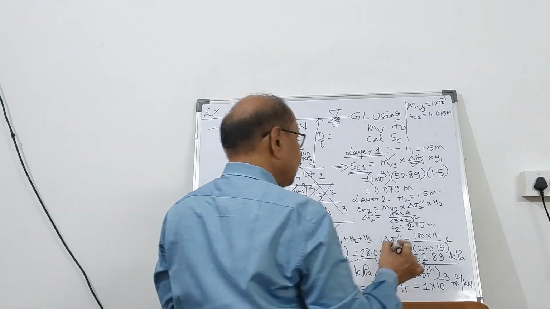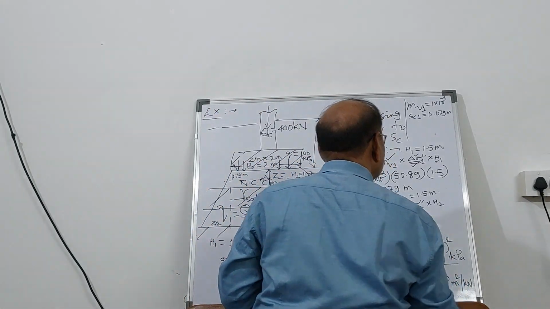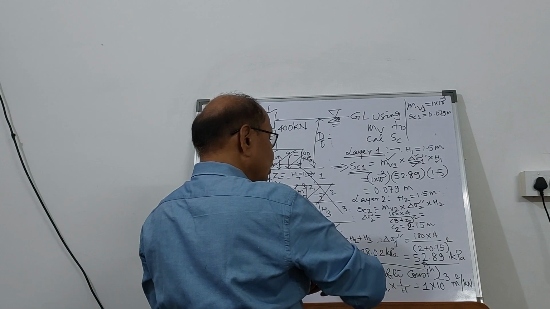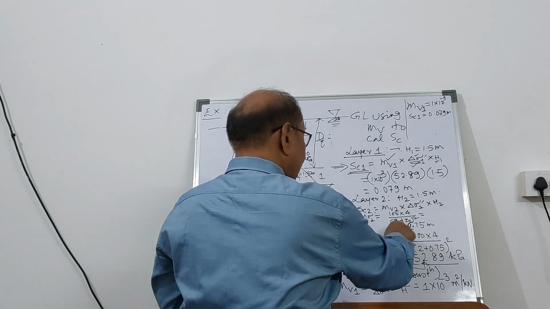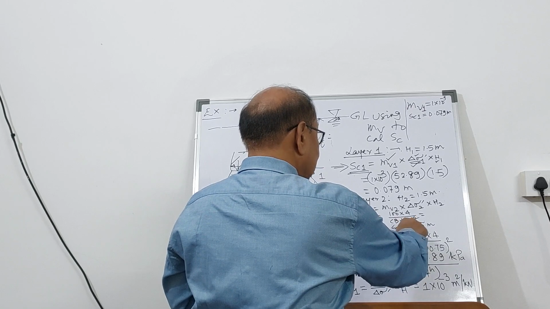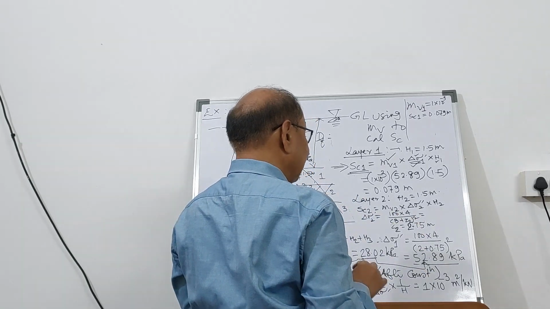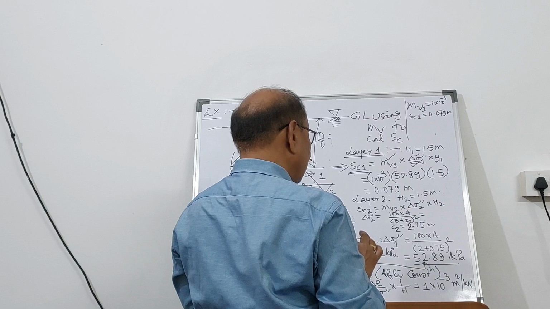B is 2 meter, so 2 plus 2.25, that is 4.25 meter whole square.